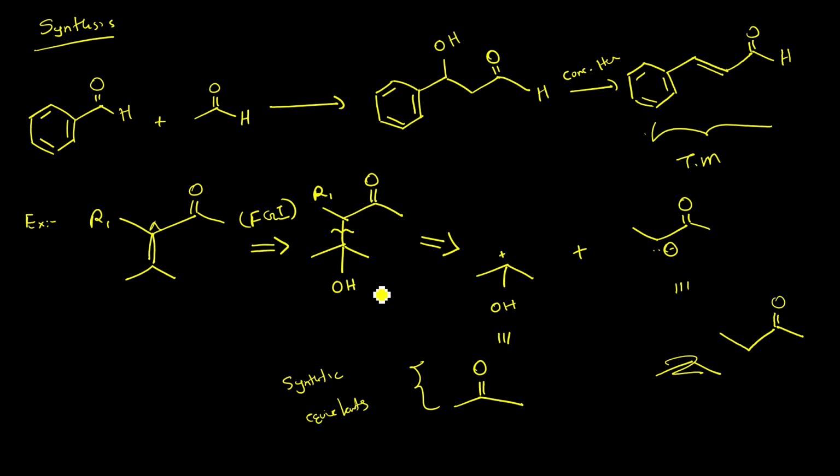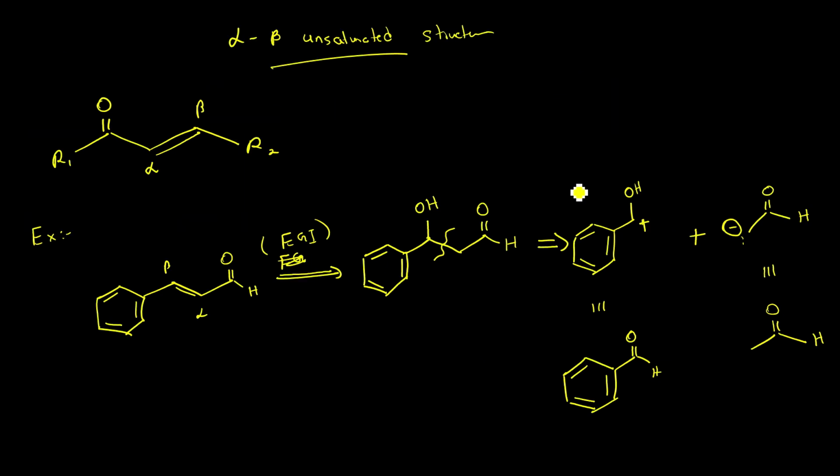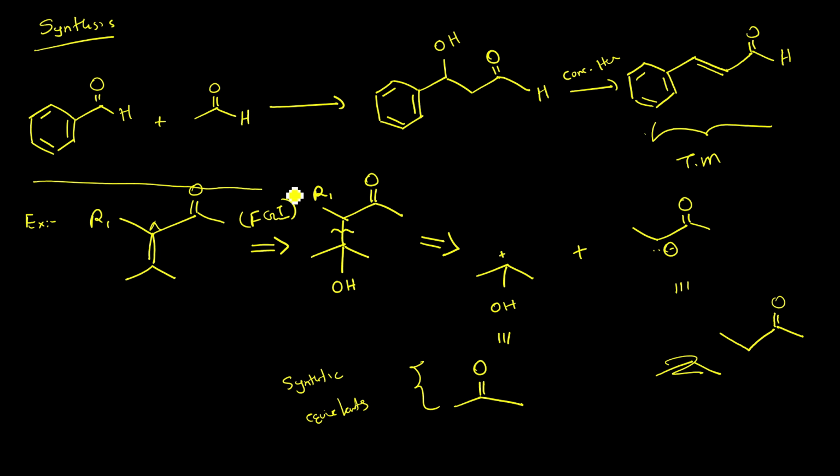Basically the same thing as here. Just like here, you just need to add these two compounds, so the aldol condensation will take place here. Then you need to remove the OH and one of the hydrogens here to obtain the final target molecule.